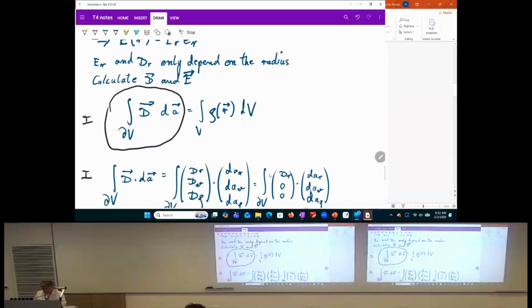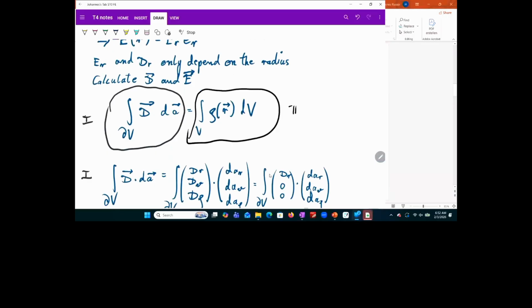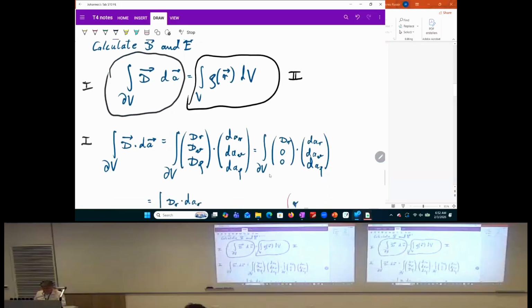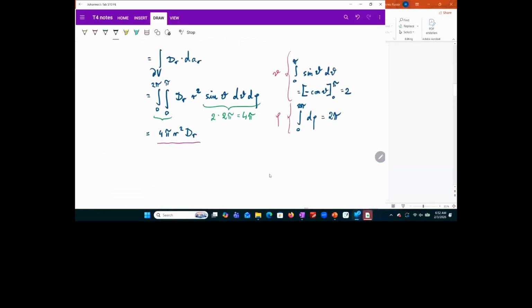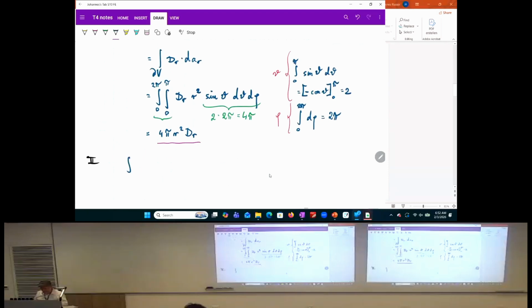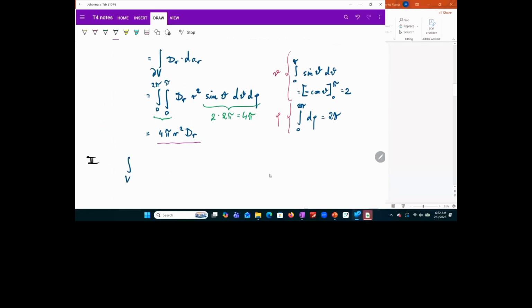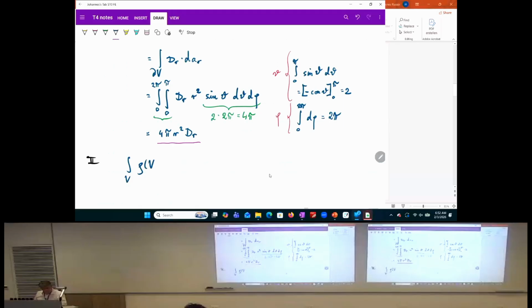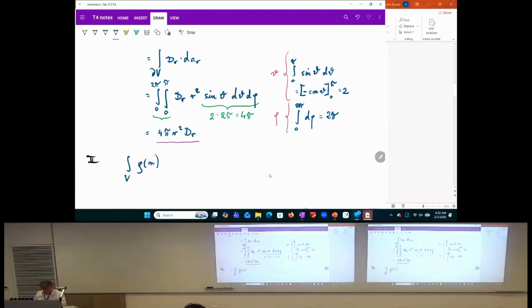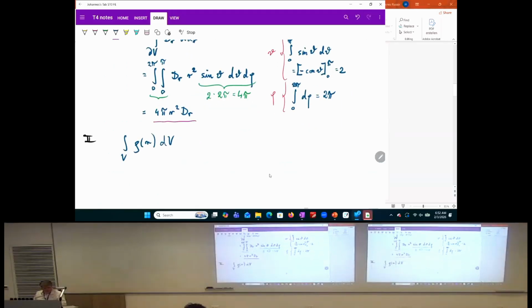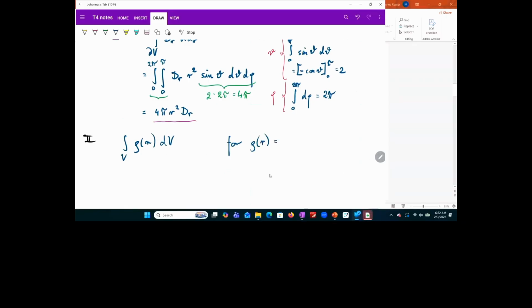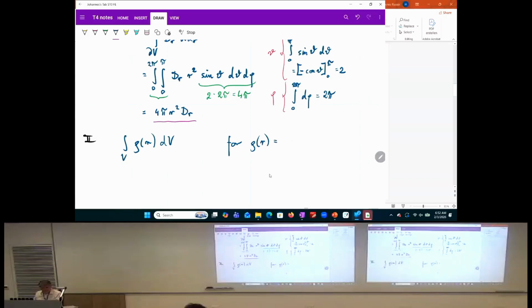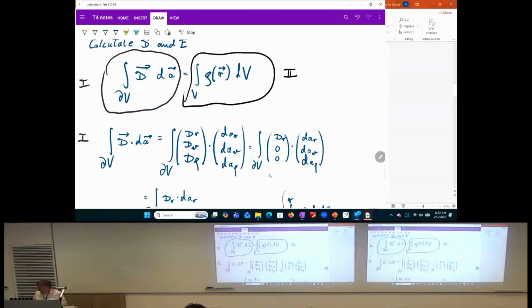And now we look at the second side, the right-hand side of our equation that we denote here with 2. And that's the volume integration over rho of r. And what is the situation here? We have for rho of r, when r is smaller than a, that is part of the problem given.